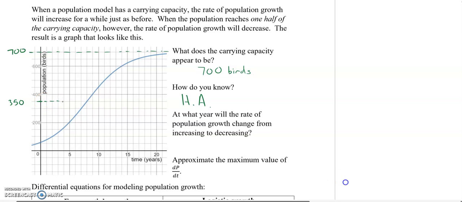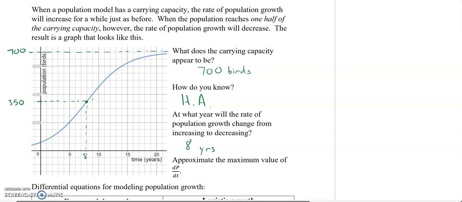So round about right here, boom, that is the point in time when we change from a concave up to a concave down graph, a positive rate versus a negative rate of population growth. So if the question is what year will that happen, then we just read on the graph down to here and we see that that happens at t = 8 years. Okay. We know that that's when that maximum rate of growth happens.